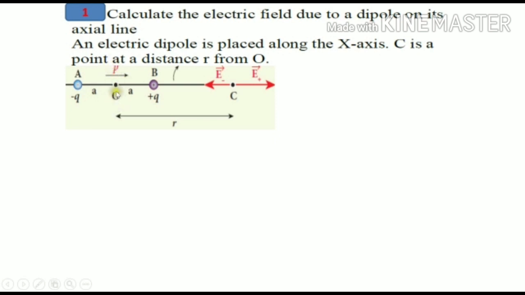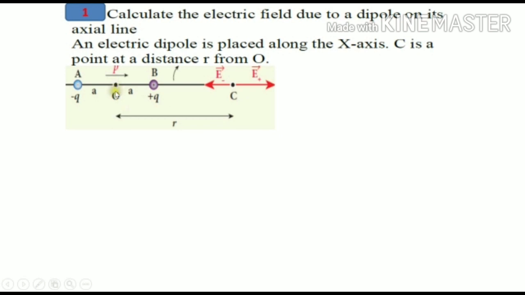From the point O, we consider point C on its axial line. The distance from the point O to C is r. Now the distance from the point B to C is easily calculated as r minus a. Why?